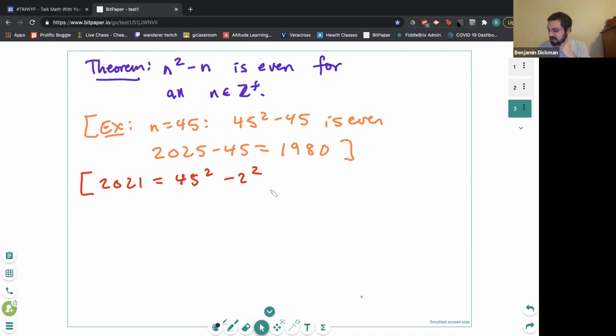But if you see this as a difference of squares, it's 45 minus 2 times 45 plus 2. So it is 43 times 47. It is not prime. Next year is going to be even. 2023 is 77 short of 2100, so it's not prime. 2024 no good. Then there's 2025 and 2026. I think 2027 will be the next prime year. So we've got to wait. Anyway, let's prove this theorem.